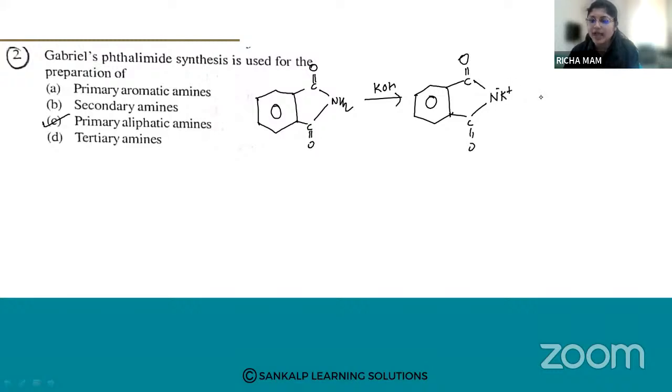So it becomes the potassium salt of phthalimide. The reaction takes place only at this site. Vamshi Krishna has answered A. The answer is C. Let us see how the reaction takes place. Just a second.